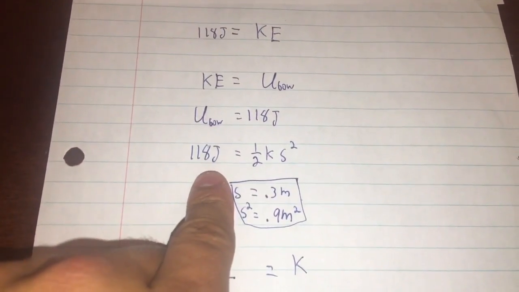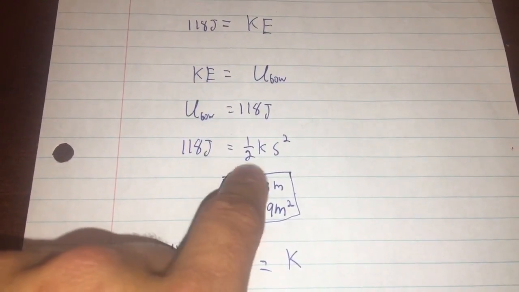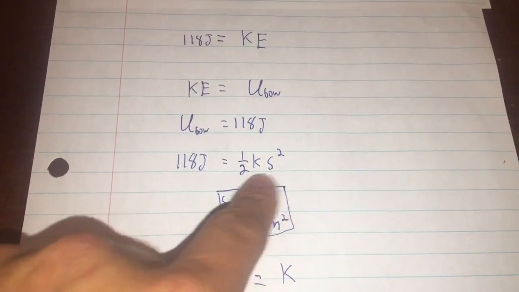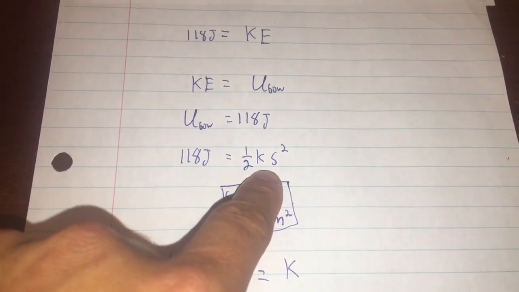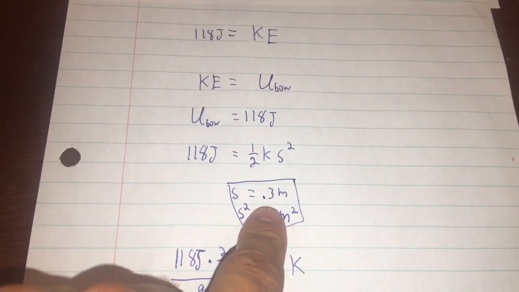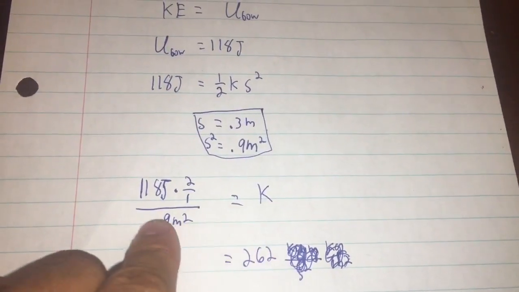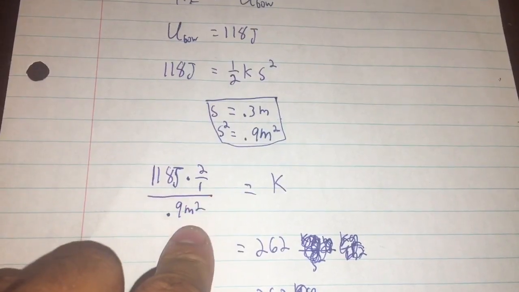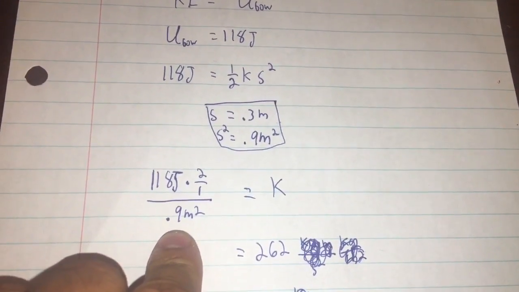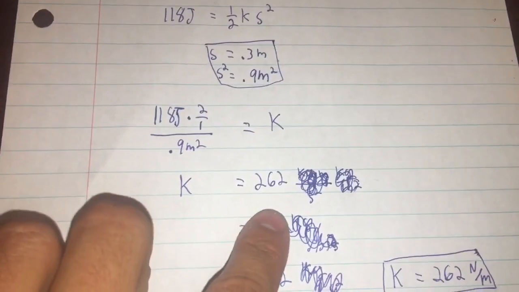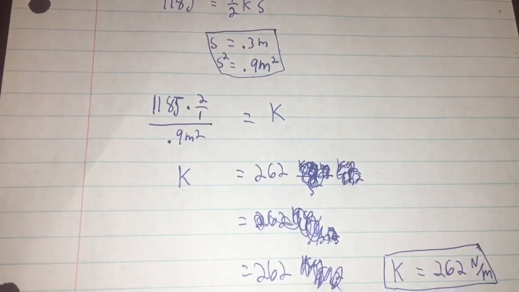So if our potential energy of our bow is equal to 1/2 times the spring constant times the stretch squared, then if we solve for our constant K, while we know that our stretch is 0.3 meters, squared is 0.9 meters squared, we can find that our constant K is 118 joules times 2 divided by our stretch squared, which is 0.9 meters squared. So we find our spring constant K to be equal to 262 newtons per meter.